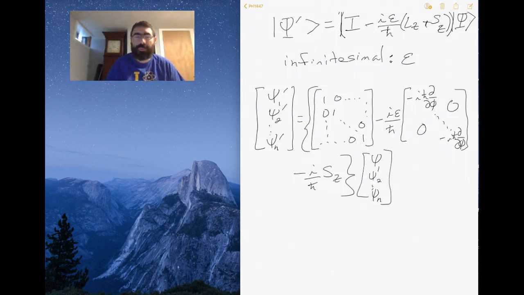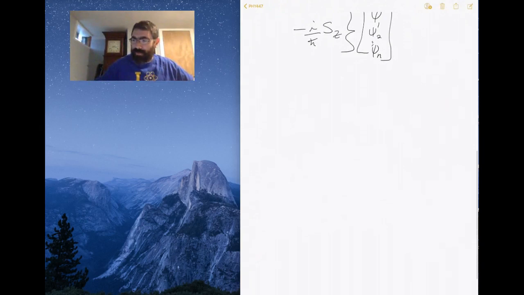So now we can write the wave function as a row or a column vector, and our operators now become these matrices. We can clean it up a little better by saying we have a total angular momentum operator in the z direction, Jz, which is Lz plus Sz.